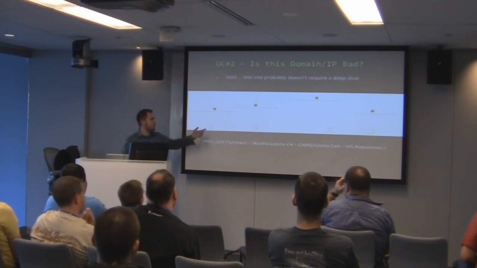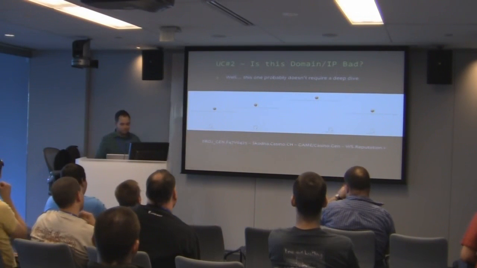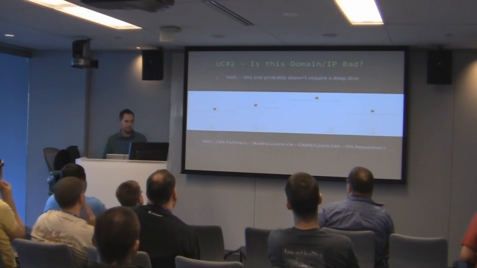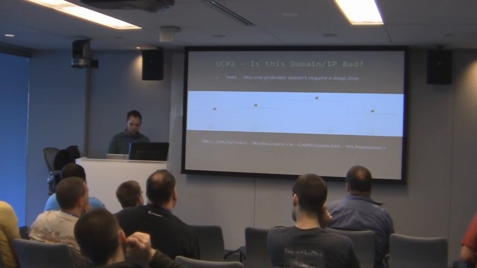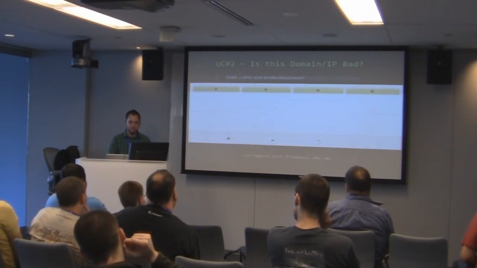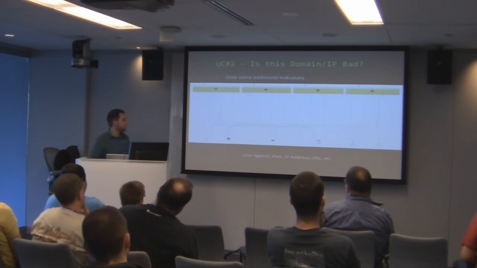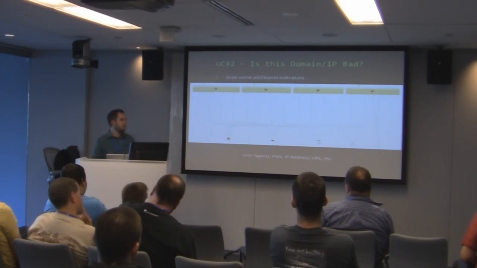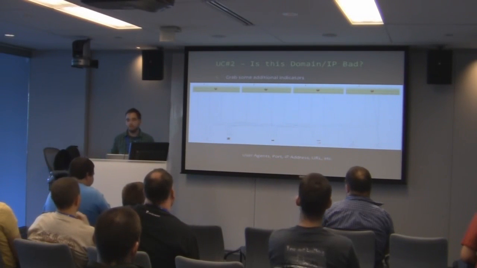This probably doesn't require a deep dive. Most of the detections you can see are pretty general, but for the middle two, there's a good chance it's some kind of adware gaming type of malware. If I wanted to get some additional indicators to look for, depending on how you got it, you may not have them offhand.